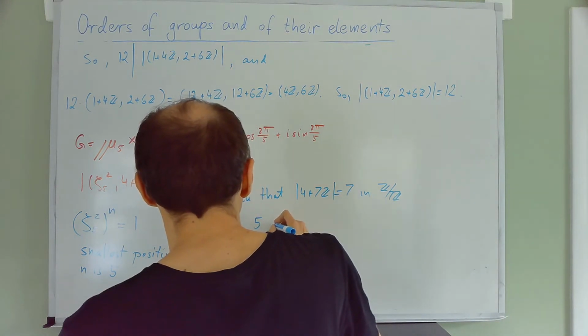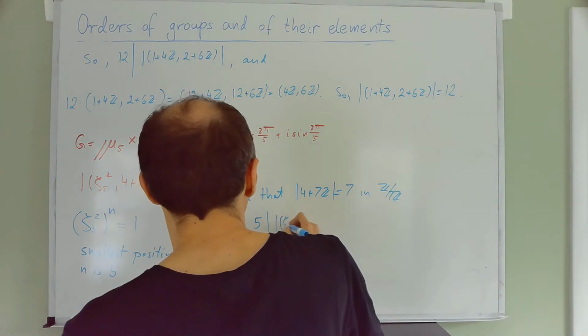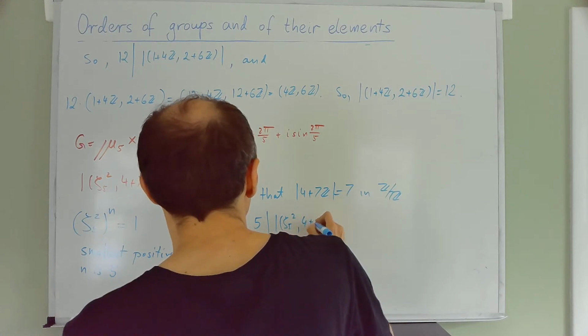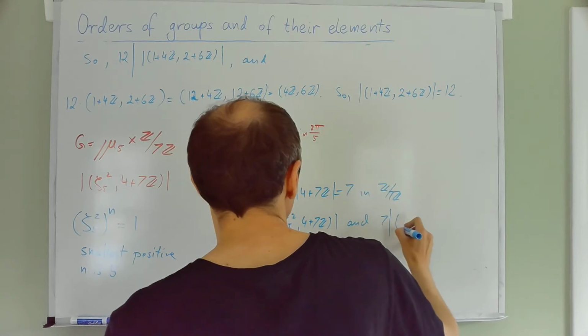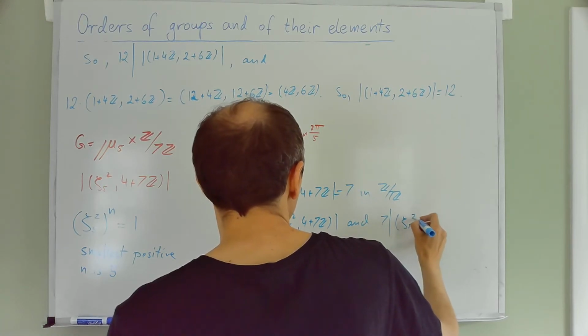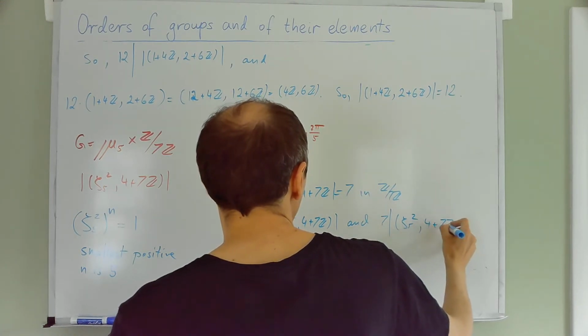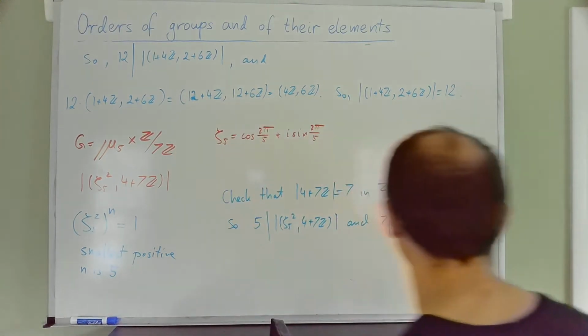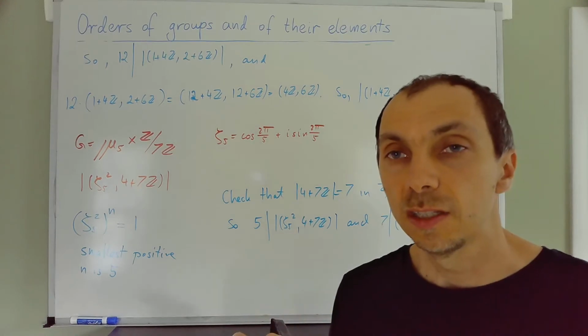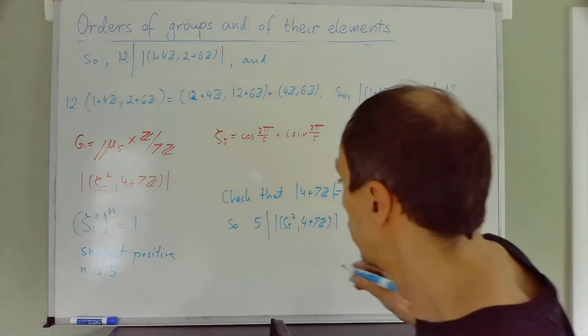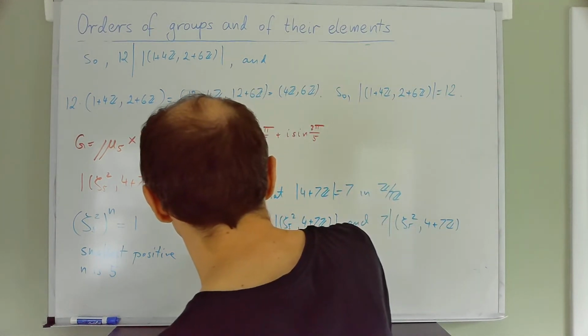So 5 divides the order, and 7 divides the order. So the smallest number that it makes sense to check is 35. And in fact, let's check that.